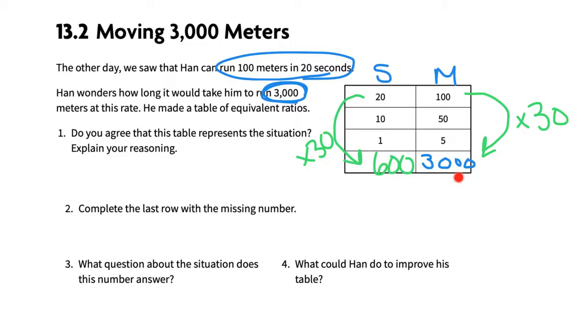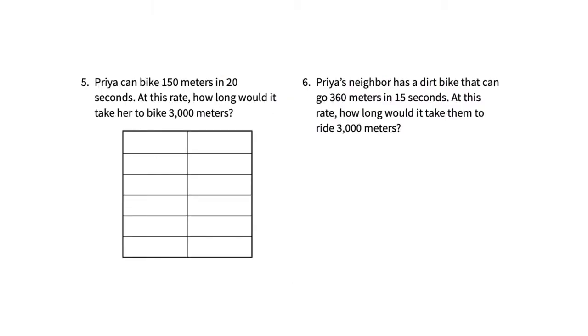But because I switched it, I'm answering this original question. So how could he improve it? Really by including labels so that we don't put our values in the wrong columns. So more of the same here.